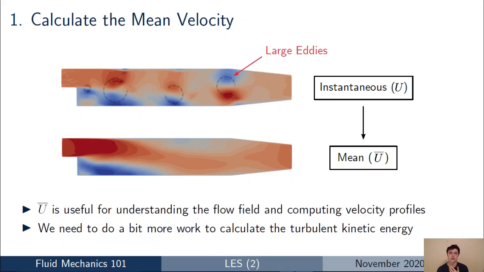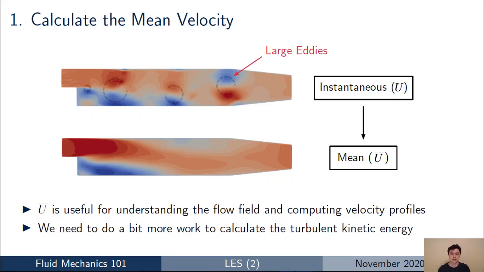And then through the statistics averaging in the CFD code, we're going to calculate the mean velocity field, which is U bar. And just from looking at those images you can see on the slides, the instantaneous velocity field, of course, you can sometimes see the eddies and you can see the unsteadiness in the flow field, but the mean flow field is probably the one that you're more used to looking at and analyzing in your post-processing.